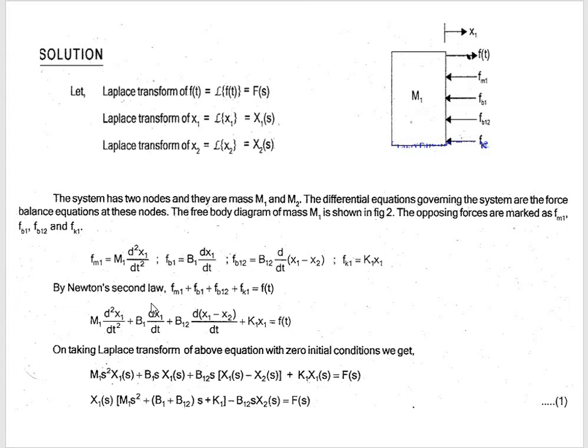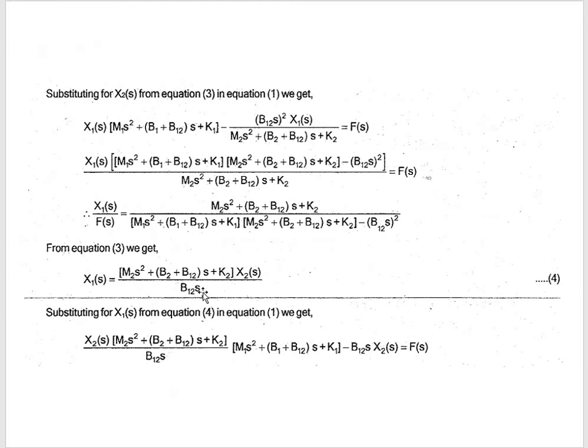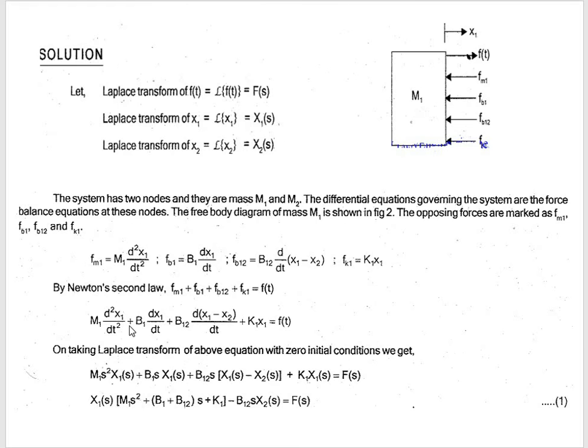By Newton's second law we all know that the sum of the forces applied is equal to the sum of the opposing forces. Therefore, by adding, F1 plus Fb1 plus Fb12 plus Fk1 is equal to f of t. Now we have to add all these forces applied to the mass m1.